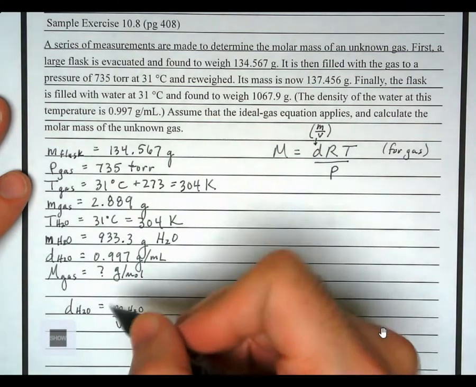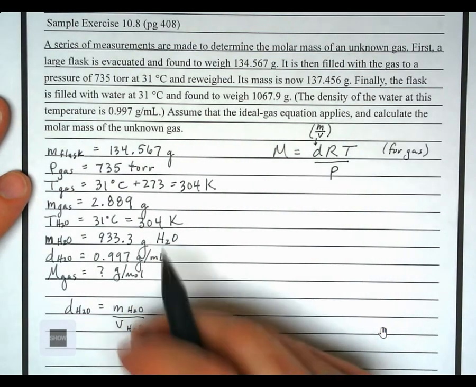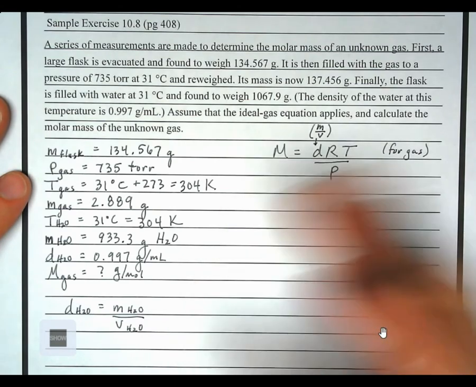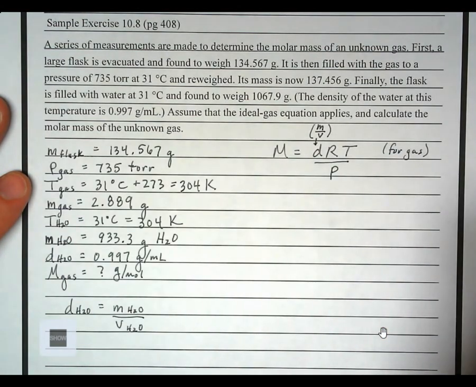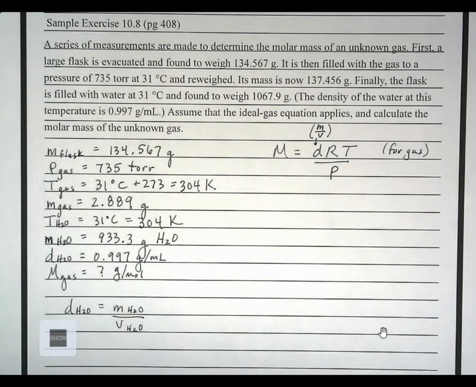So if we can figure out the volume of the water, that's going to be the same as the volume of the gas. Everybody okay with that idea? Because the water filled the container, and we know that whenever you put a gas in a container, it expands to fill the container, right?